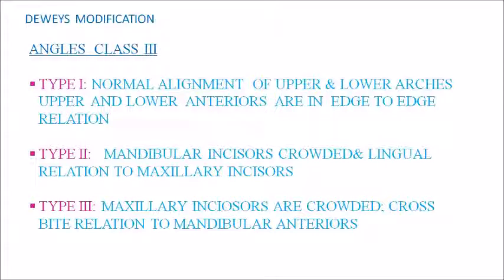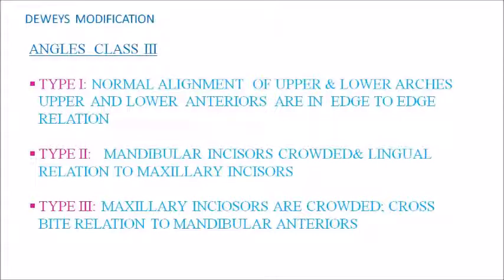Type 2 is when the mandibular incisors will be crowded and they will be in a lingual relation to maxillary incisors. Type 3 is when the maxillary incisors are crowded and a crossbite relation is there with respect to the mandibular anteriors.